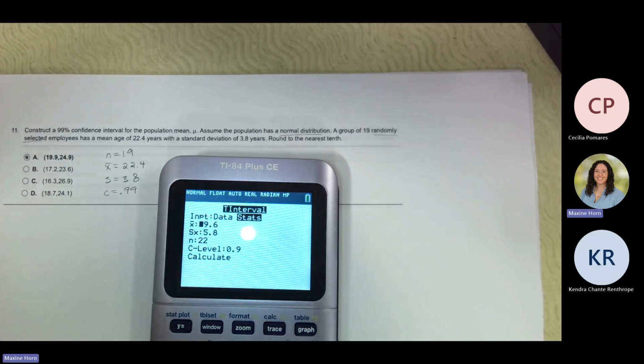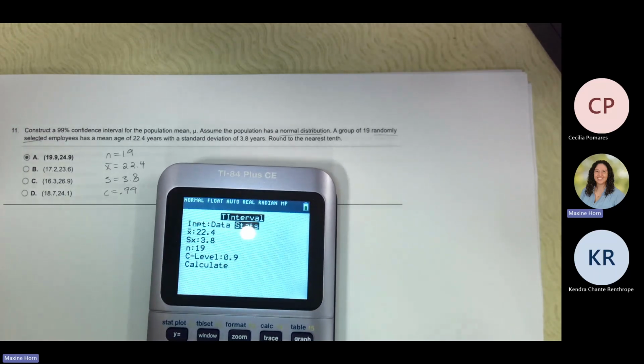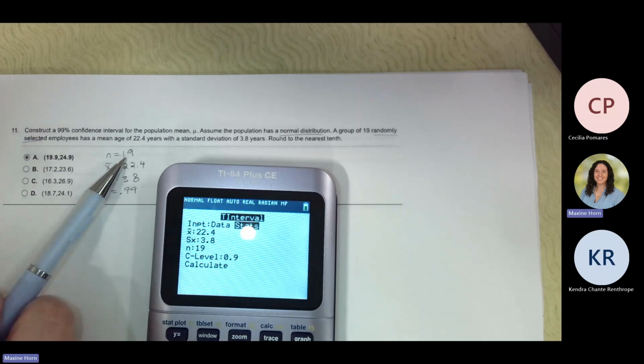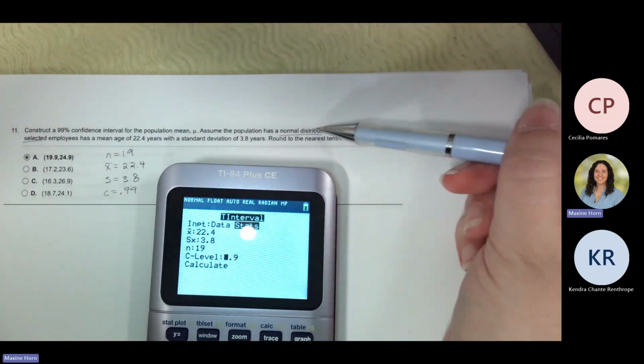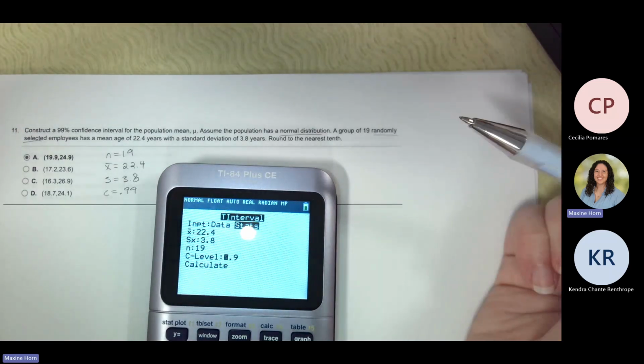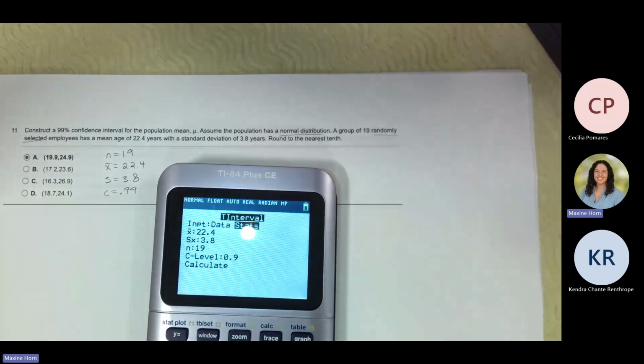Sample mean, 22.4, sample standard deviation, 3.8, sample size, only 19. Again, it's okay that we have a sample size that's less than 30 because the population is normally distributed, right? It's got to be one or the other. It's great if it's both, but it's got to be at least one of those.